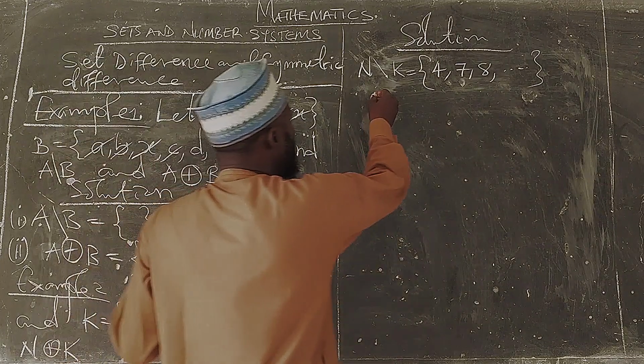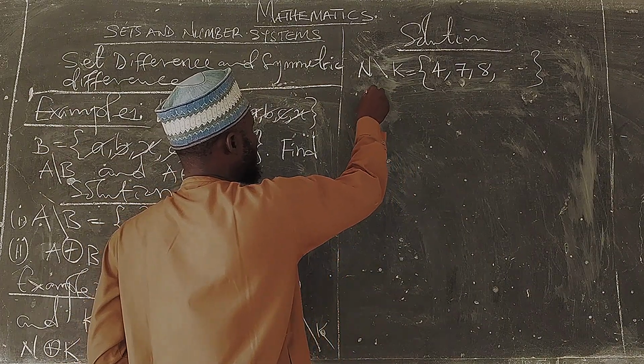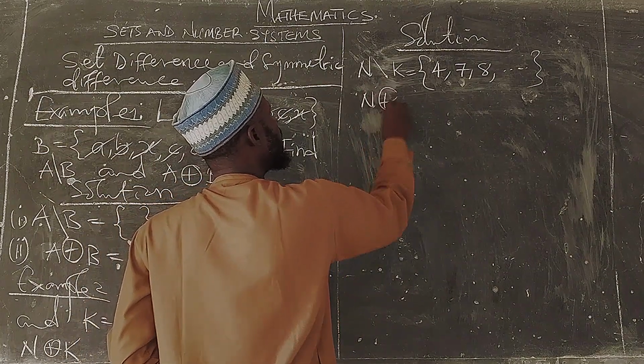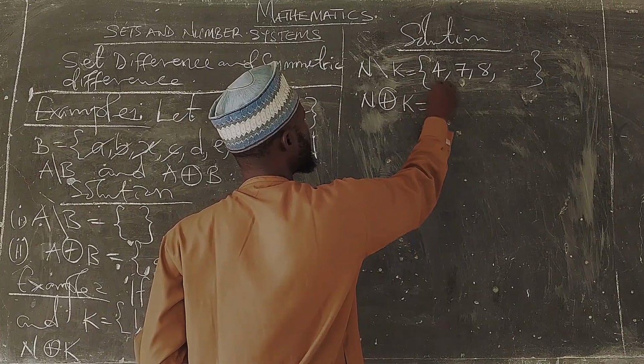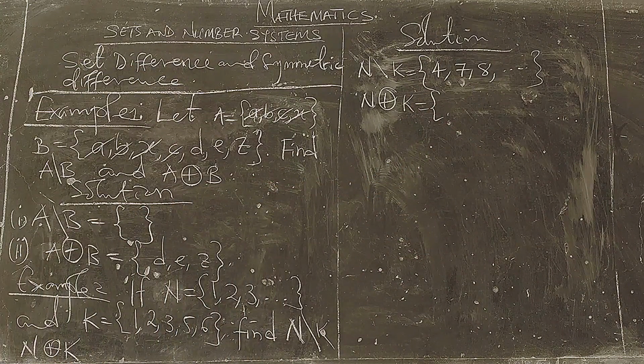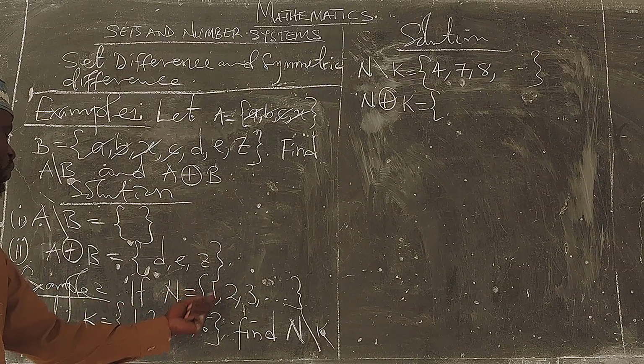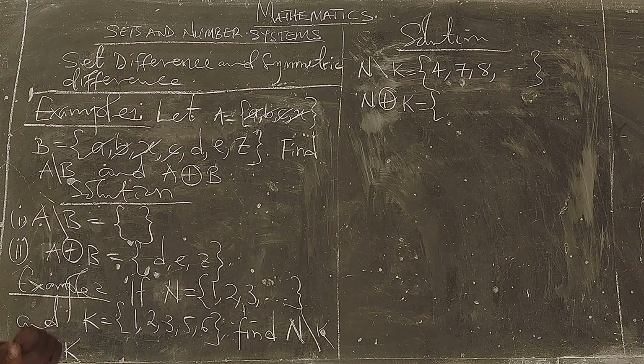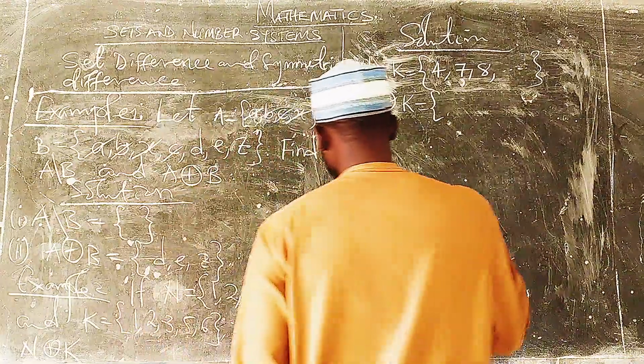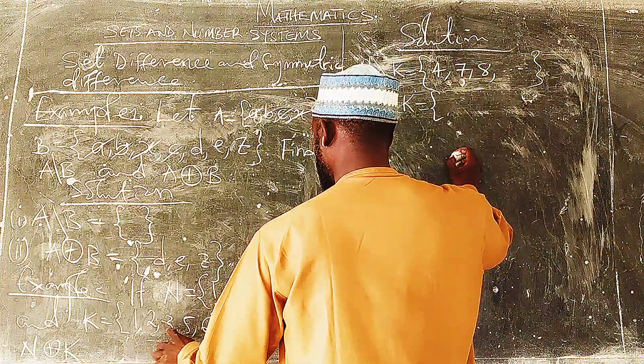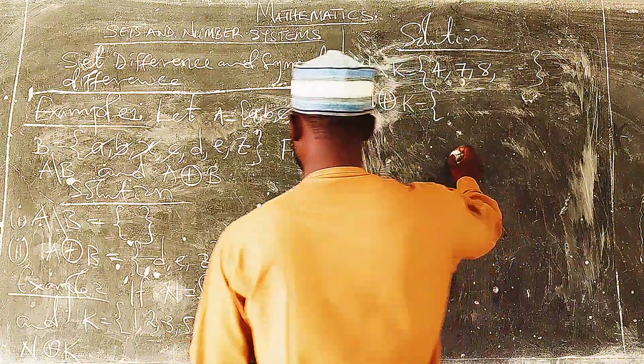So let's look at the symmetric difference. N symmetric difference K is equal to, so we take the union of the two sets and then remove their intersection. So 1, 2, 3, 5, 6 are removed.